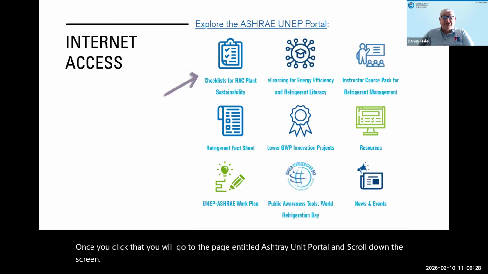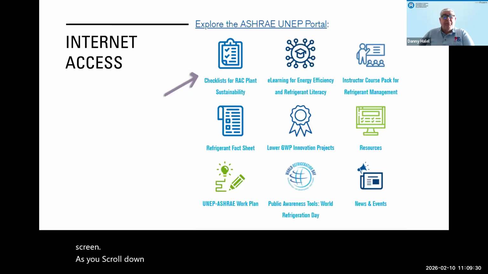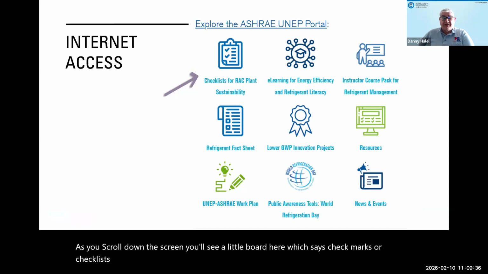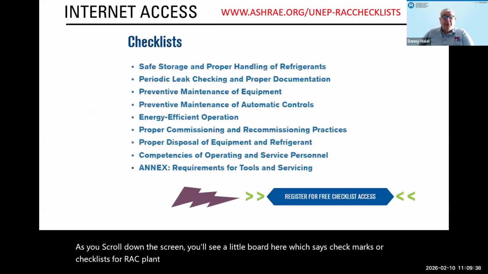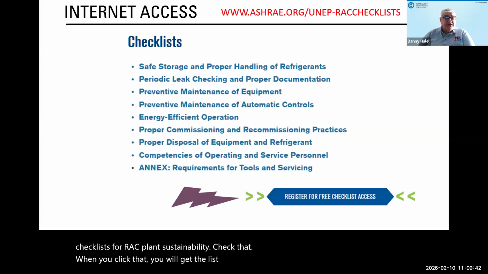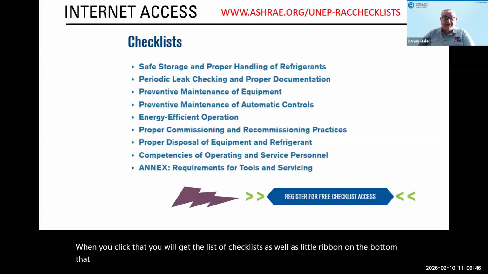As you scroll down the screen, you'll see a little board here which says checklists for RAC plant sustainability. Click that. When you click that, you will get the list of checklists as well as a little ribbon on the bottom that says register for free checklist access.